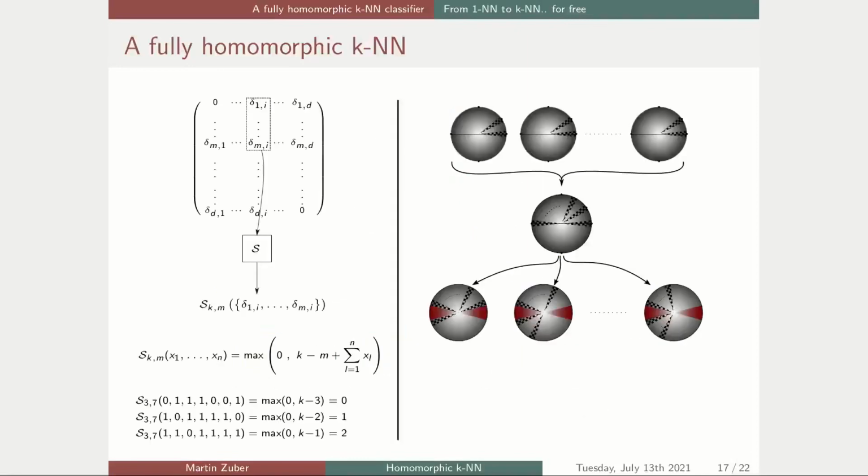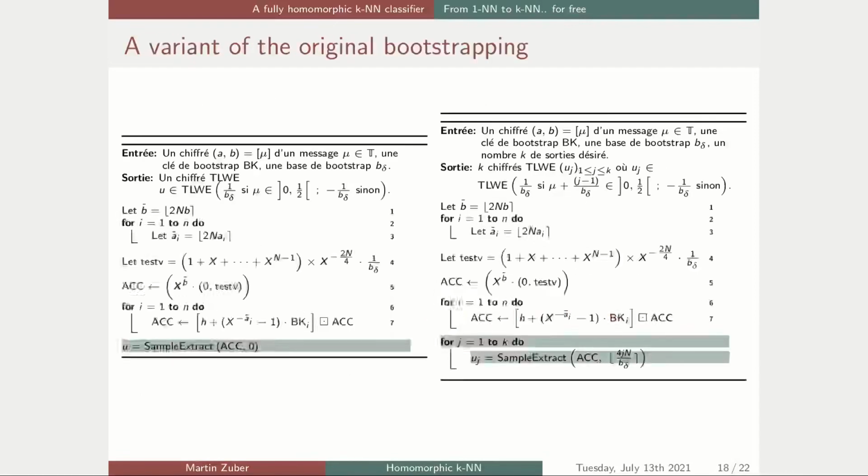What's actually really interesting about our implementation is that these k bootstrapping operations here are not actually k bootstrapping operations, but just k extractions at the end of a single bootstrapping operation. So if you have the original signed bootstrapping algorithm here on the left, then the only change that we have for our scoring operation is just k extractions here at the end instead of one, which is really interesting.